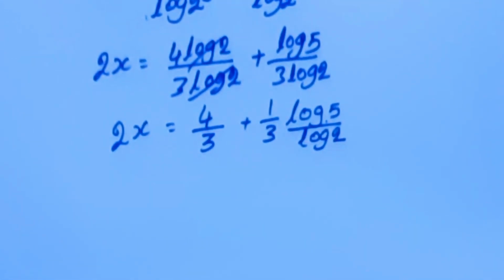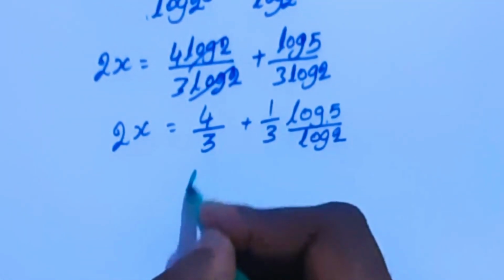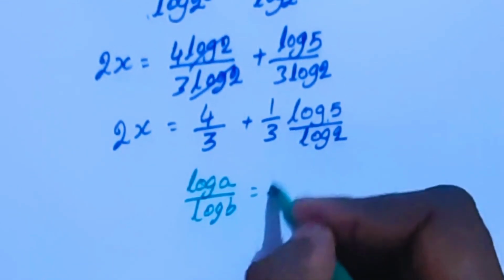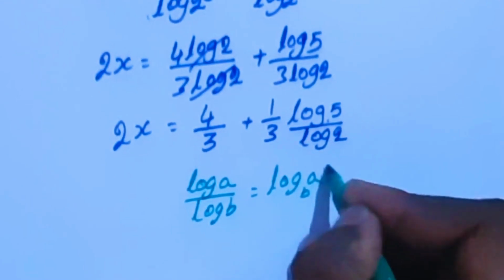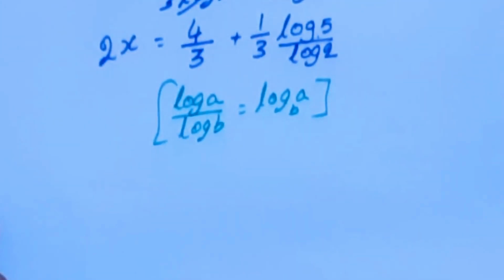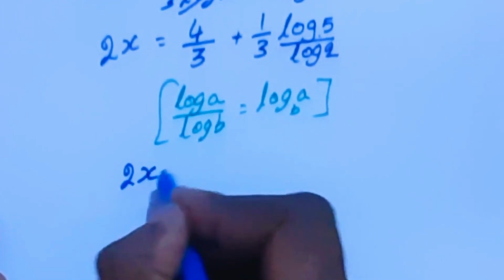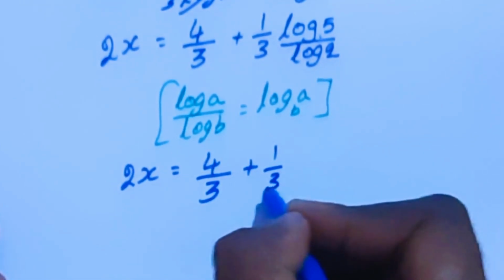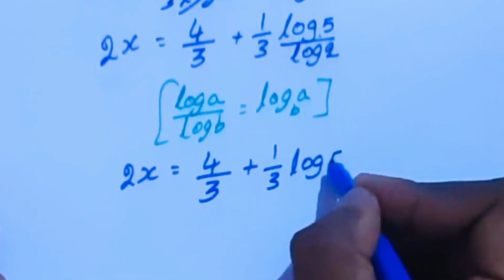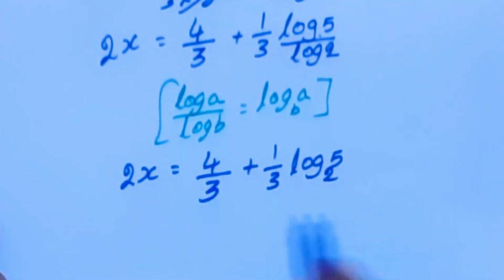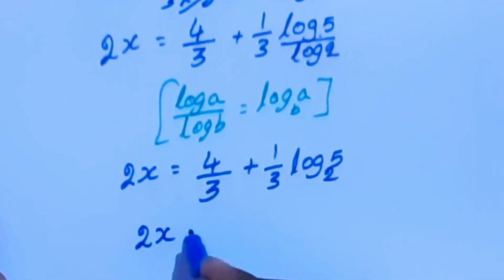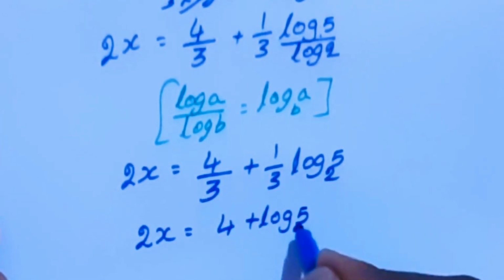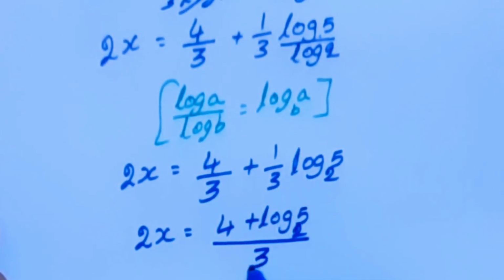Now we are going to implement this log formula, that is log a by log b equals log a base b. 2x equals 4 by 3 plus 1 by 3 log 5 base 2. Now this can be written as 2x equals (4 plus log 5 base 2) whole divided by 3.